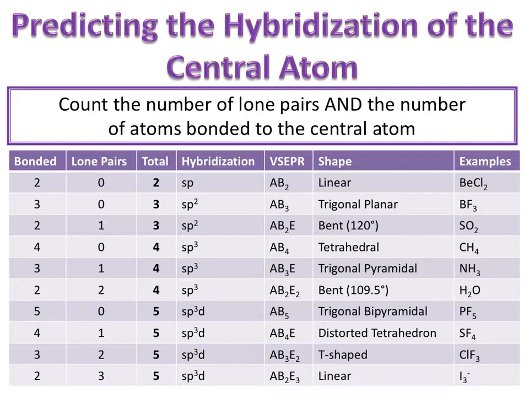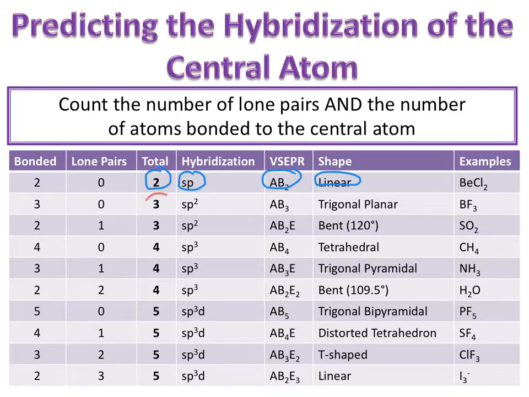The hybridization on the central atom and the VSEPR models can be correlated with each other. When you have 2 total domains, which is the VSEPR AB2 model, the hybridization is sp. There are 2 atomic orbitals mixed together, and the shape is linear.